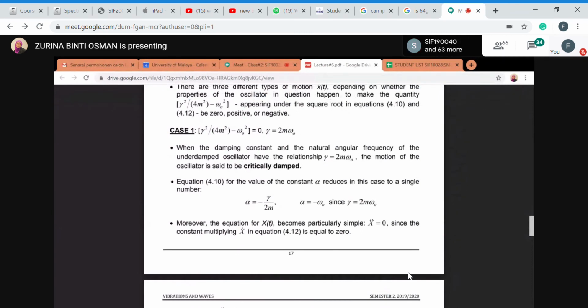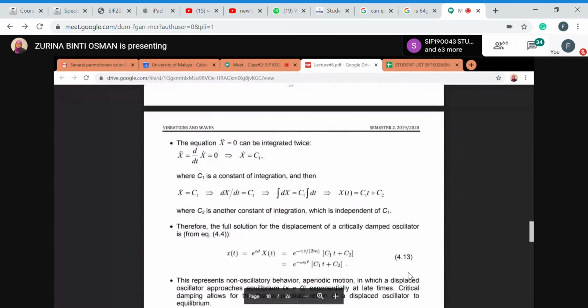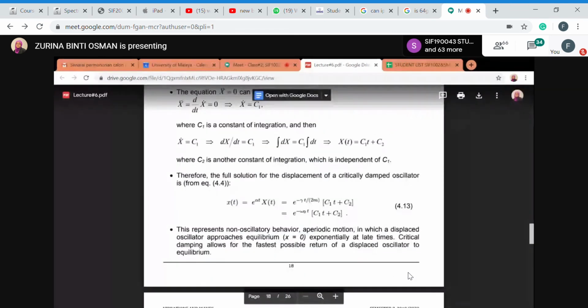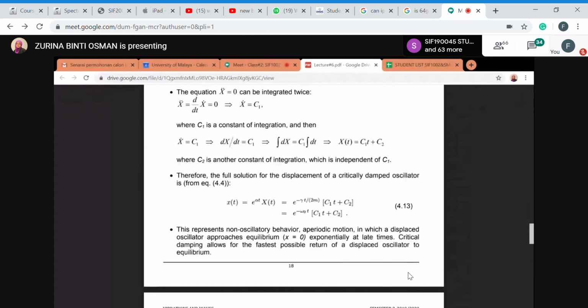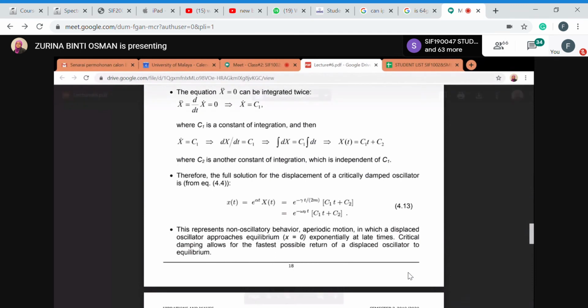For case 1, the critically damped, you need to use integration, and we define the constants C1 and C2. The final solution is x(t) equals e to the minus omega naught t, multiplied by C1 t plus C2. This is for critically damped.